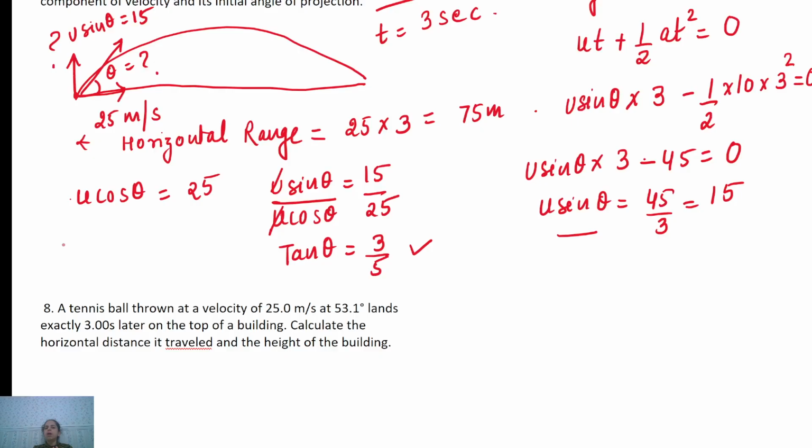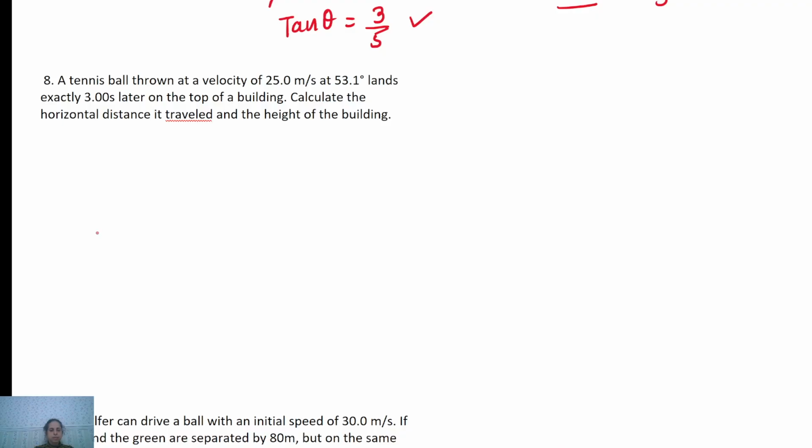Okay, let's try this one. A tennis ball thrown at a velocity of this much at an angle lands exactly 3 seconds later on the top of a building. So I have a tennis ball being thrown, this is 25, at angle 53.1. It hits the top of some building.